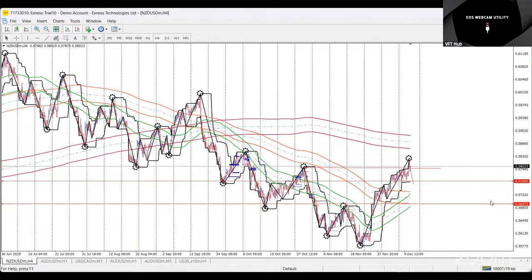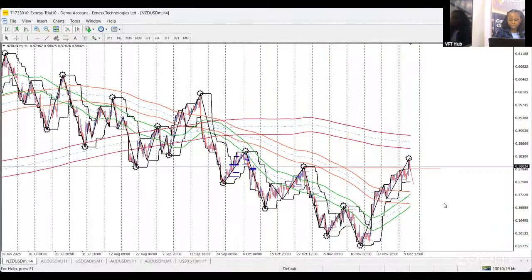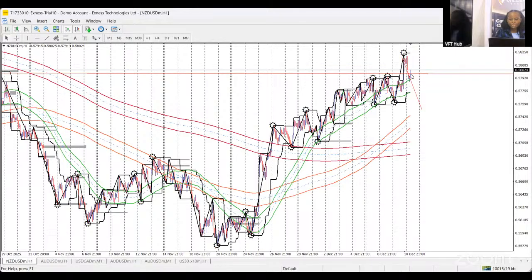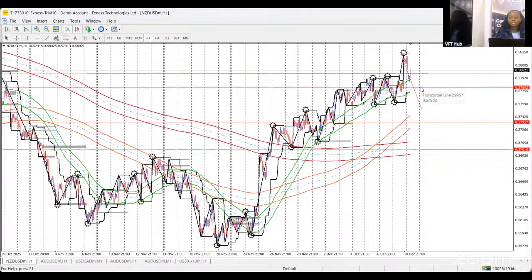Into what zones? These were from last analysis session, so let me take them out. Take them out, right? So we're able to mark out today's zone. This was the high we saw on H4 as well, that also got violated for NZD USD. And this, and this, and now the 3 POIs.